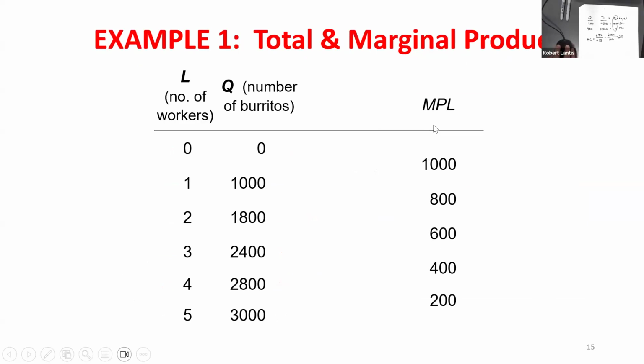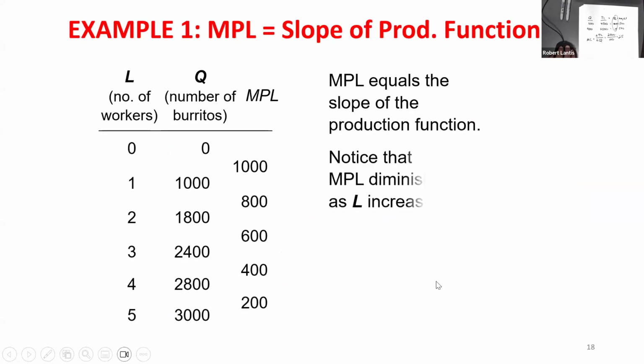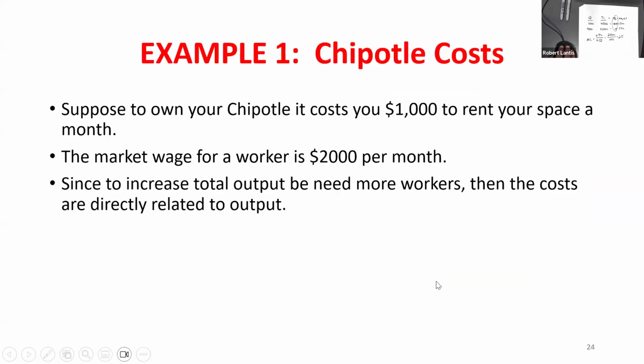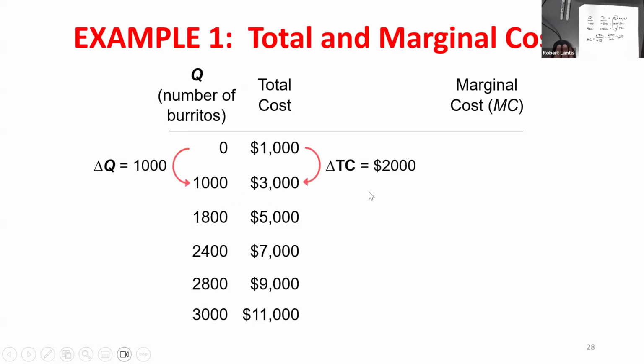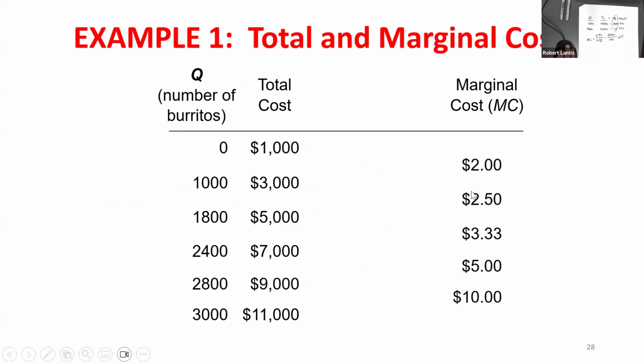So when our marginal productivity of labor is diminishing, our marginal costs in that example would be increasing. And there, I'm finding these values by simply looking at the change in the total cost divided by the change in quantity. Okay.